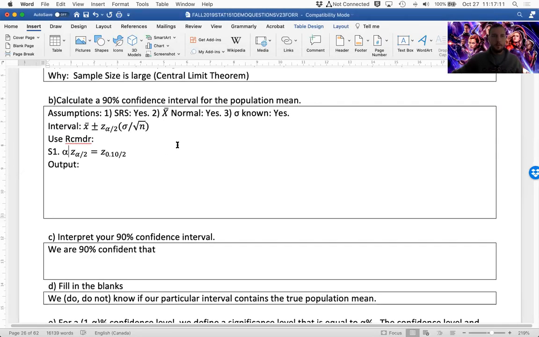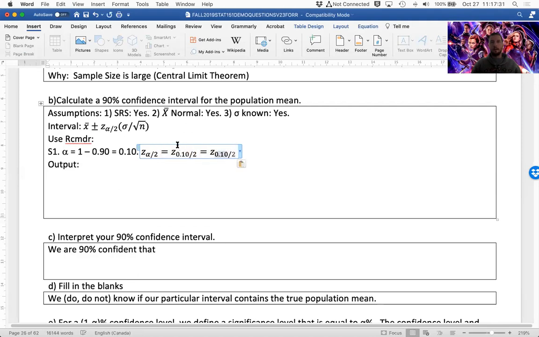Okay, so for the z-score formula, alpha is going to be 1 minus the confidence level as a percent. So we're working on a 90% interval, so alpha is going to be 0.10. So now our z-score is going to be z subscript 0.10 over 2, so that gives us z subscript 0.05.